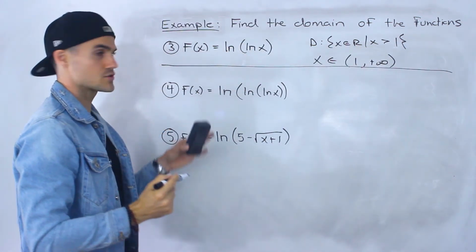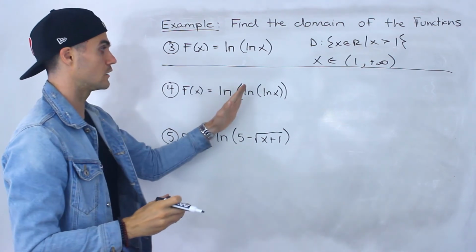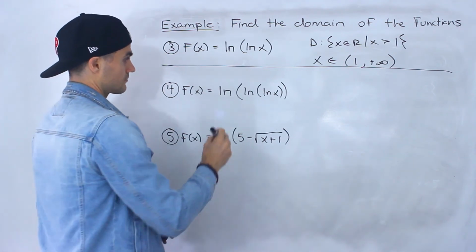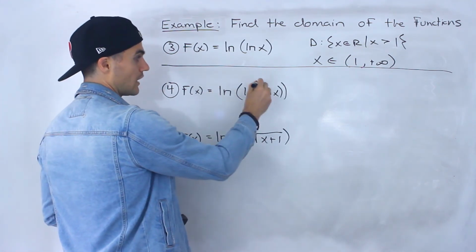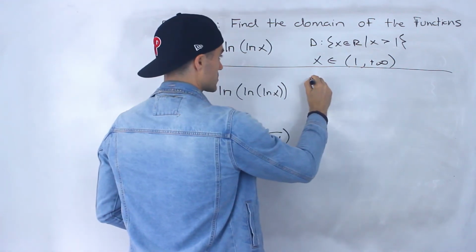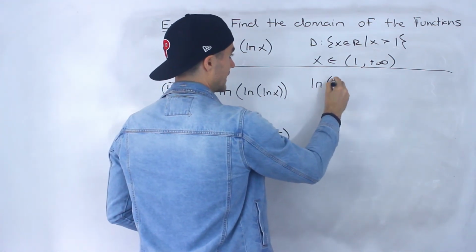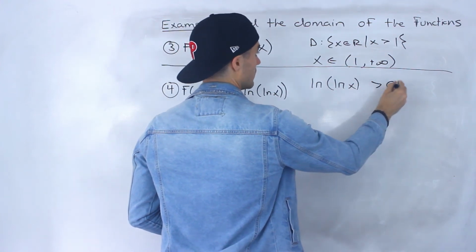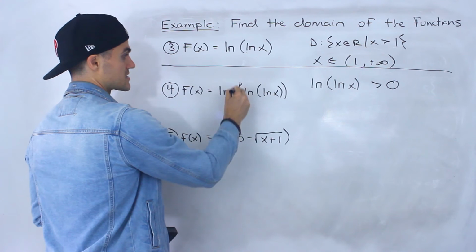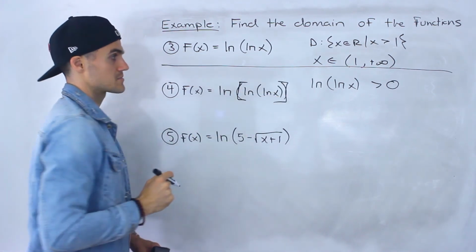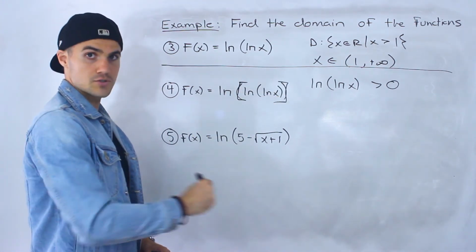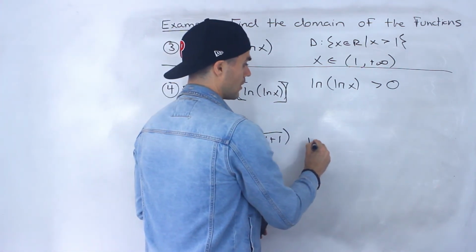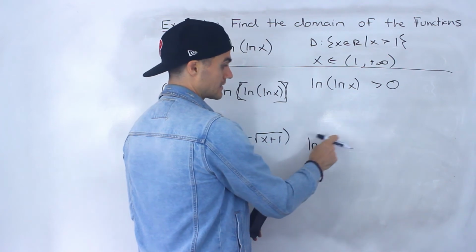Now function 4, notice we have 3 lns. We have ln of ln of ln x. And with this, same thing, we're taking ln of some kind of expression. So what we would do is figure out when that expression is greater than 0. The expression is inside this bracket here. And what we do is we keep applying that law that I brought in before. Before it was ln of x has to be greater than 0.